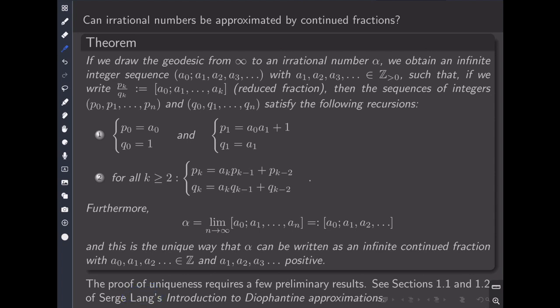And then for existence, I would say that existence is already done from what we did when we produced the infinite sequence of rational numbers approximating alpha.